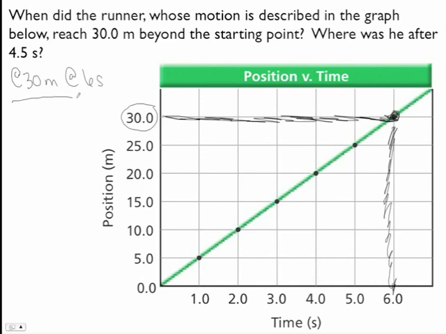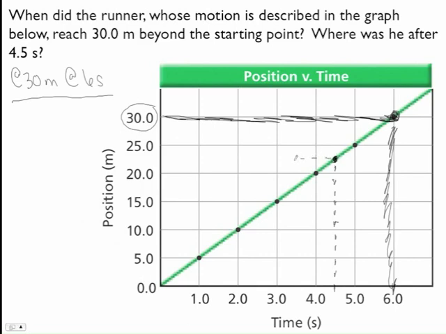And then it says, where was he after 4.5 seconds? So you look at your graph, it's labeled really nicely, 1, 2, 3, 4, 5, and they don't give you 4.5. But you do know that 4.5 is halfway between 4 and 5. It's okay to draw these lines like I'm doing. You don't have to eyeball it. I know sometimes that's hard. So 4.5 is right about here.